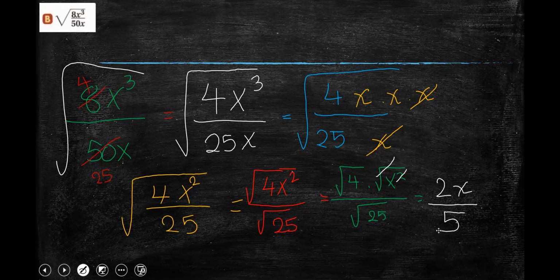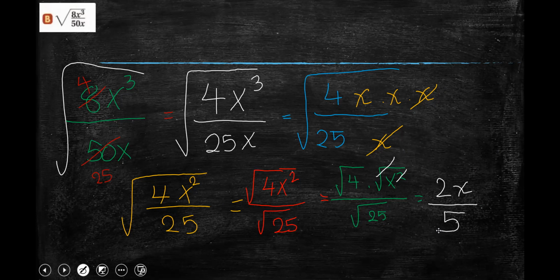Teacher, to solve it quickly from the first, when I come to 4x times x over 25, I cancel the x with the x and still with me 2 x's, so I will join them and cancel them immediately, so it will become 4x over 25 to become 2x over 5.